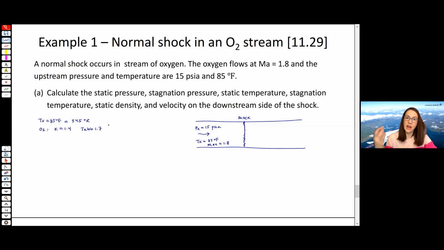And now we want to get some relationships on the upstream side of the shock wave. We want to relate the static to stagnation pressure. So now we go to table D sub I, the isentropic flow table.